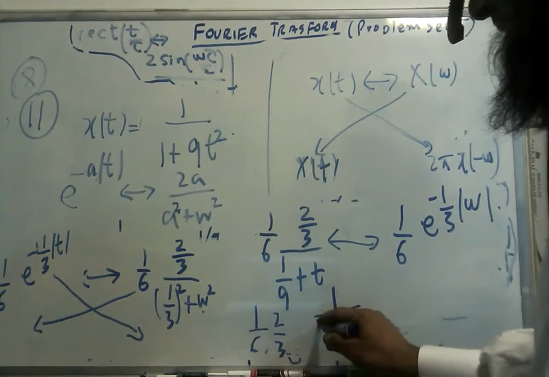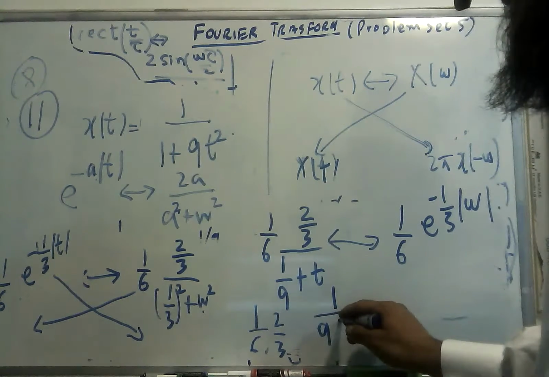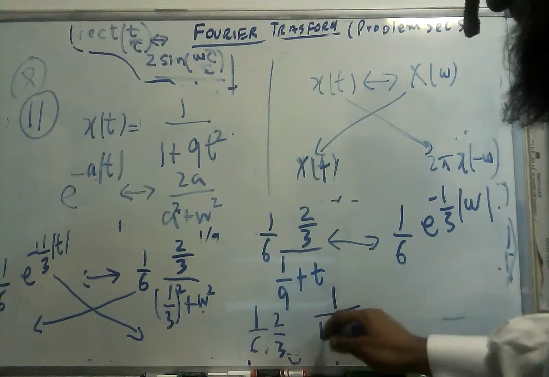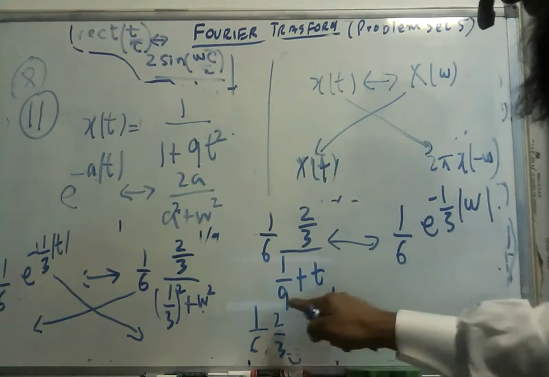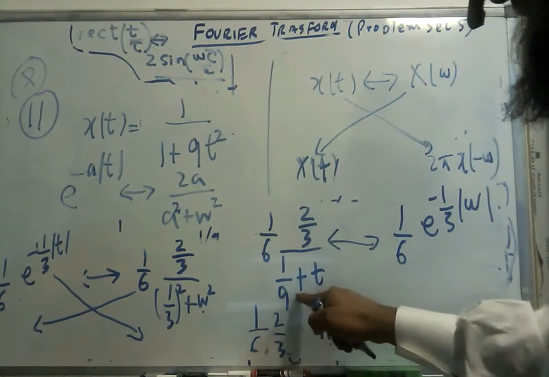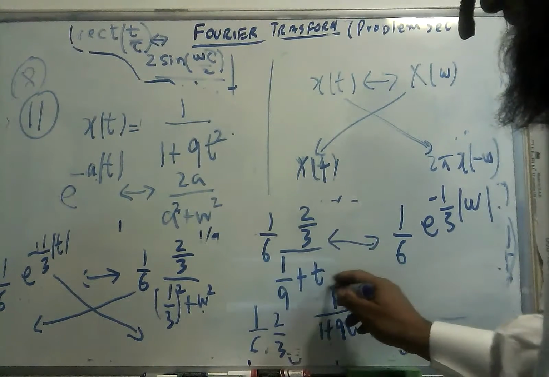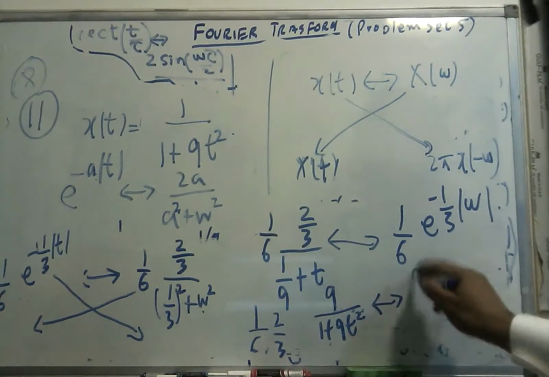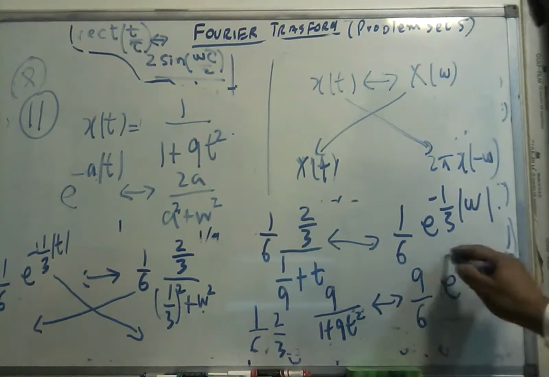So 9, sorry, so 1 plus 9t square. So I multiply it by 9 and also 9 here and 9 here. So on this side I just multiply it by 9.